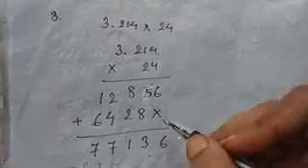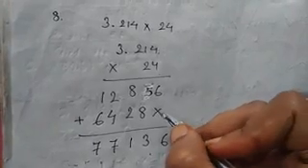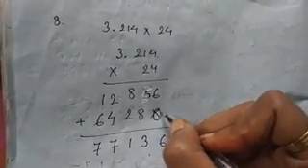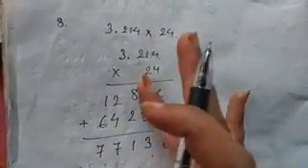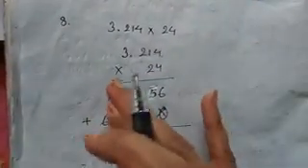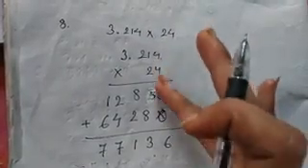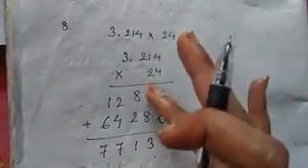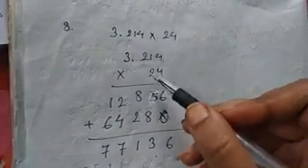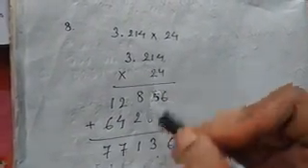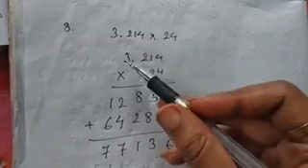Now we'll put a cross, or you can put 0 as well. Now start multiplying by 2. The first step, multiplying by 4, is completed. 2 4s are 8, 2 1s are 2, 2 2s are 4 and 2 3s are 6.